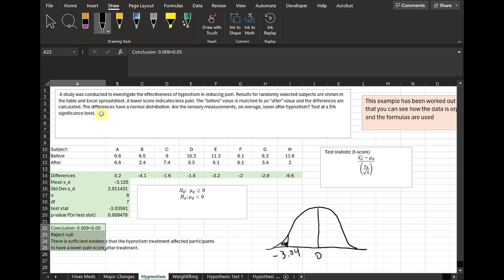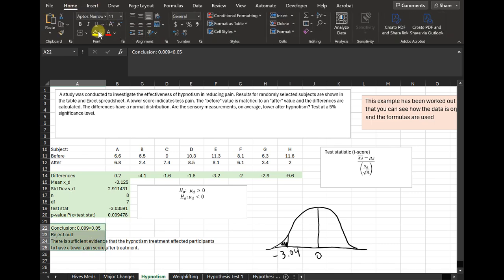And I will just, I don't want these to all be green, so I'm just going to color them back. Okay, so after that, it's like a normal hypothesis test. So it's really back to like chapter 9 stuff that we're dealing with here.